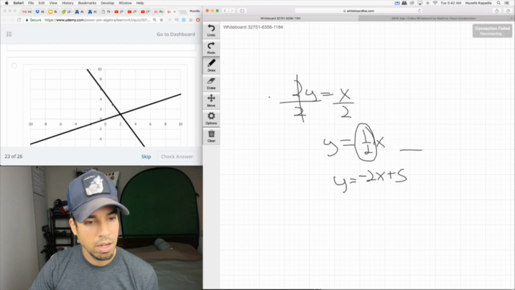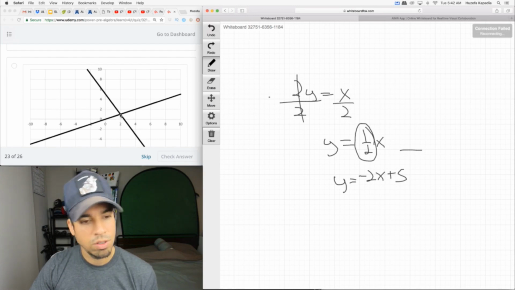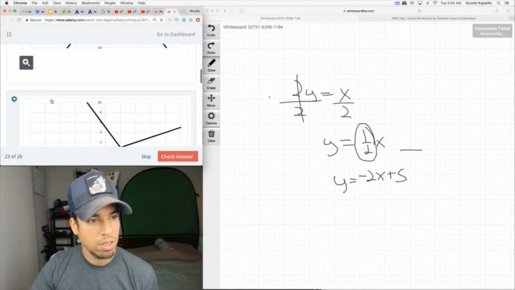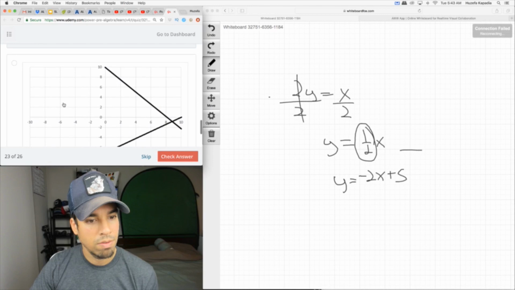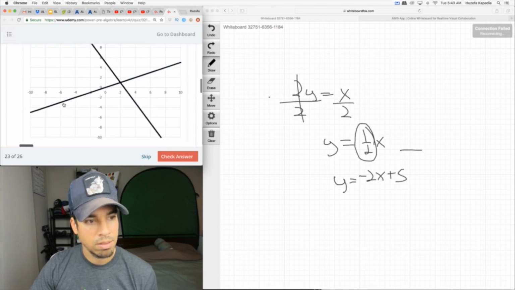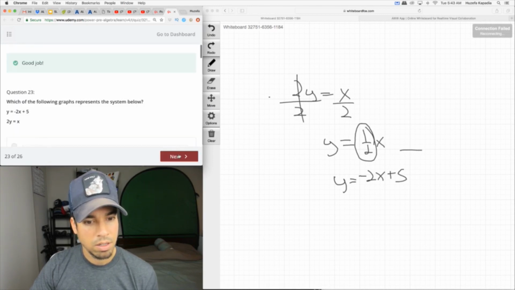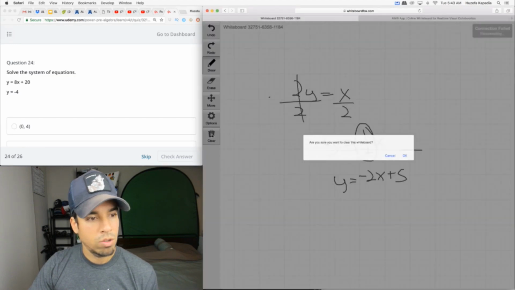This looks okay. So 5 to 1, we're dropping by 4, so that's negative 4 over positive 2. This one looks good. I'm going to select it, but let's look at the other ones. These are off, okay. It has to be this one.